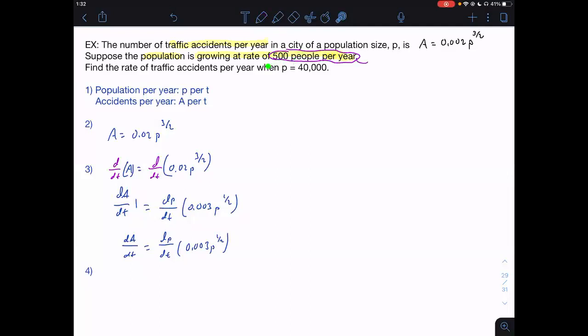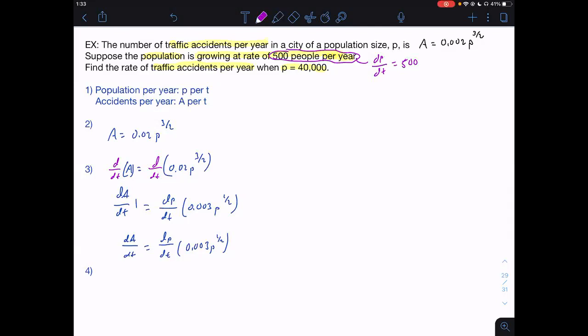If this is representing the growth rate, the rate of change of how many people live in the city per year, then that 500 people per year is the value of dP over dt, the change in the population with respect to time. So dP over dt is 500. And what are we trying to find? We're trying to find the rate of the traffic accidents per year when the population is 40,000.